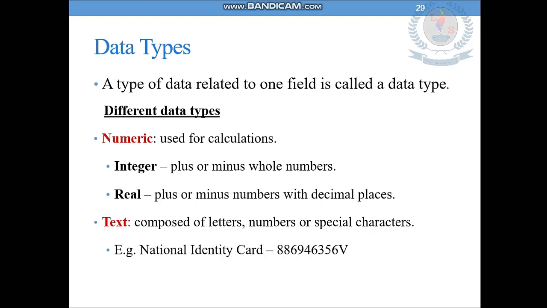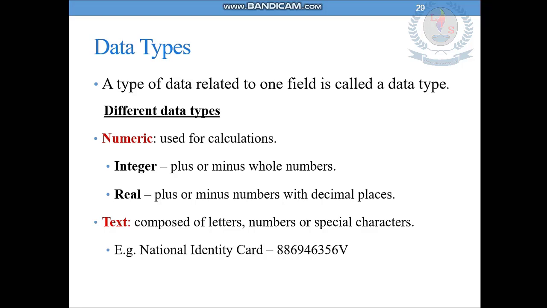Integer numbers mean plus or minus whole numbers. Real means plus or minus numbers with decimal places. So if you want to save a numeric value for any calculation or in a record, you can use these two data types, integer and real.